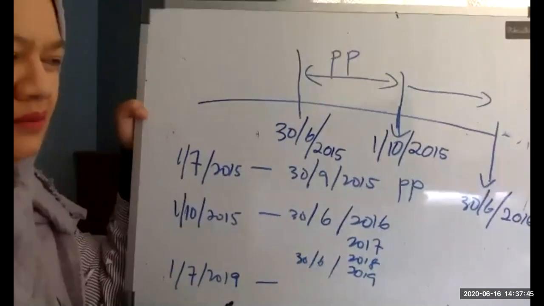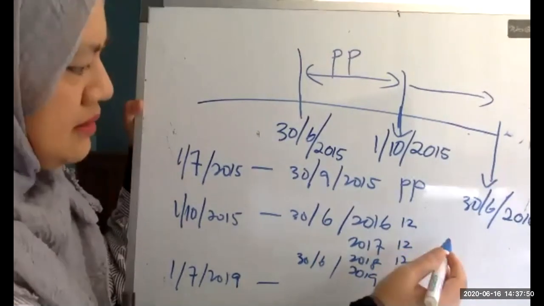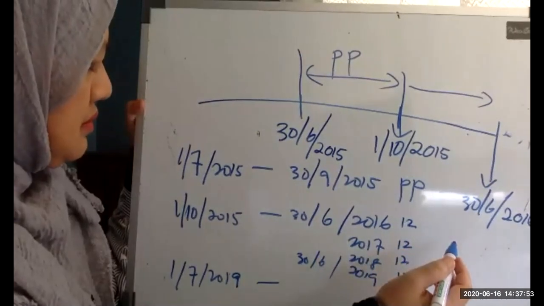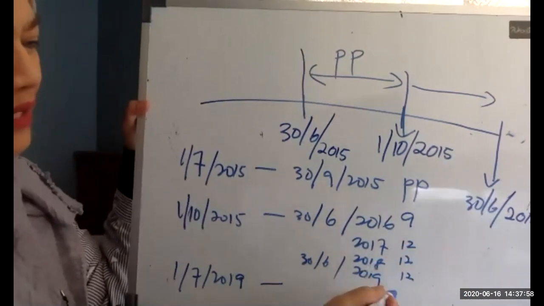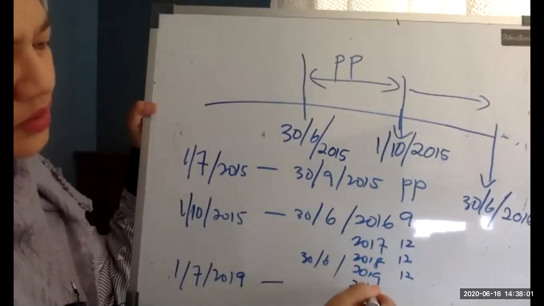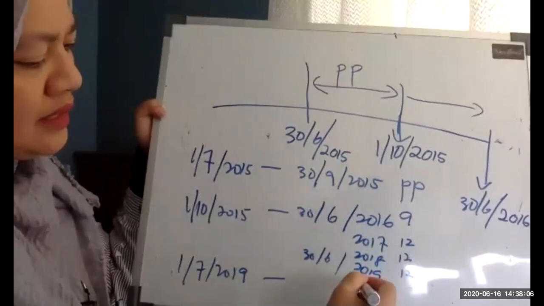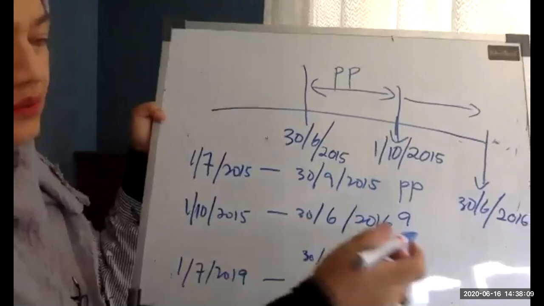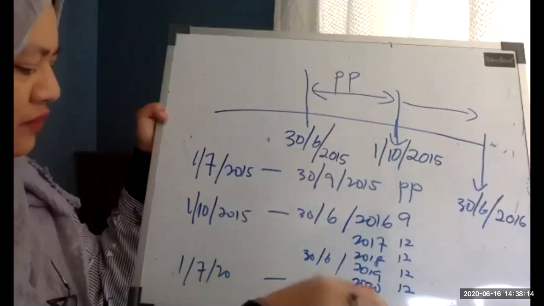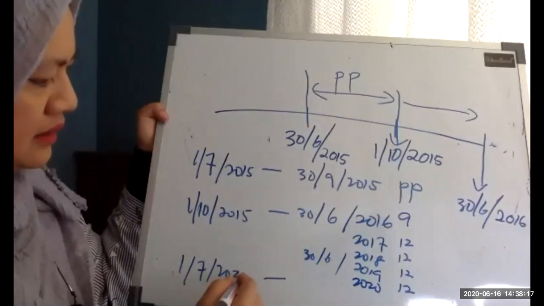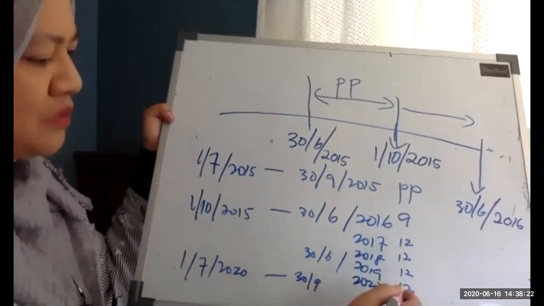So the last period is from July 2020 until 30th of September 2020, which is a 3 months period.